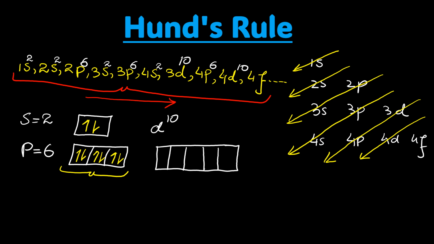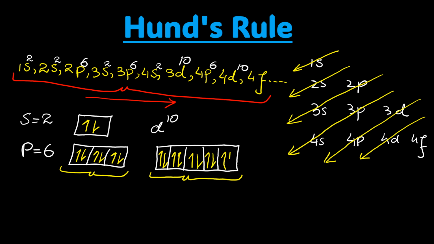Initially, according to Hund's rule, these 5 orbitals will first be occupied by electrons with a parallel spin like this, and then when the parallel spin is complete, electrons will be paired, but the spin of the electron will be opposite to the previous spin of the electrons, like this.